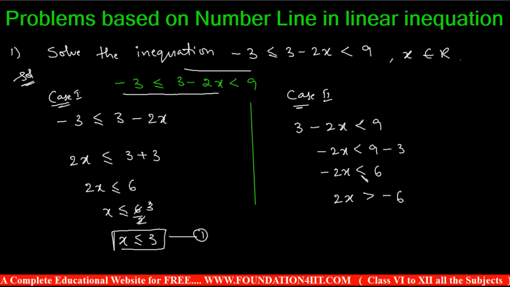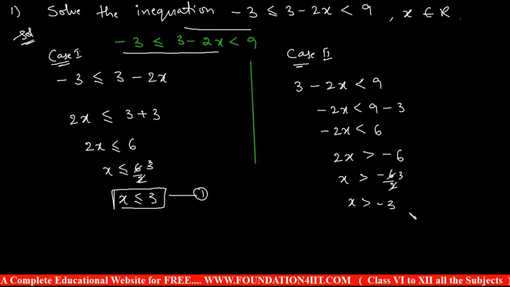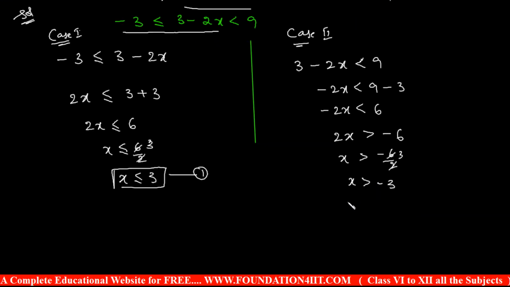Minus 1 should be multiplied on both sides, then whatever sign is in the middle will be interchanged. There are properties in inequalities we already discussed. So x is greater than minus 6 divided by 2. Then x is greater than minus 3. If x is greater than minus 3, then minus 3 is less than x, right?